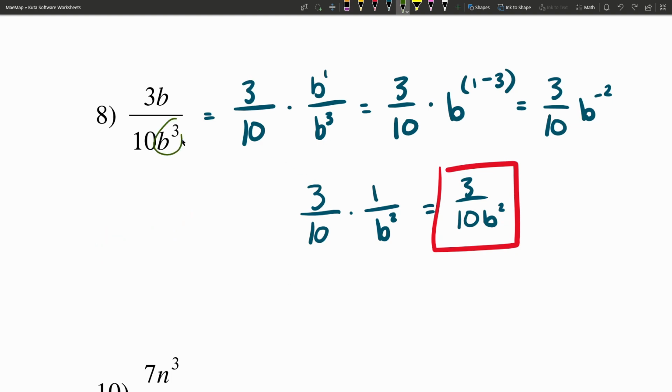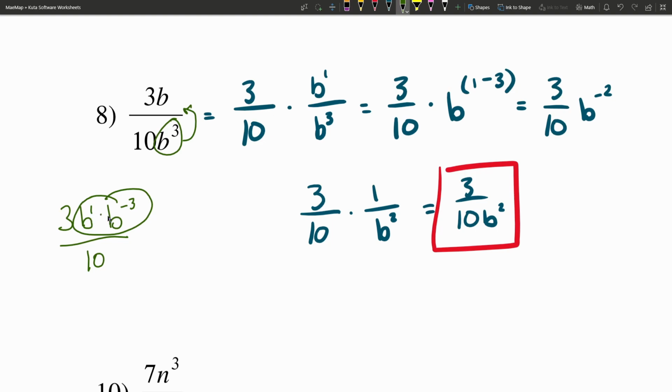And that being said, we could have started by moving this b cubed up into our numerator. We could have rewritten this problem as 3 times b to the negative 3 all over 10. Because remember, like I said, 1 over b cubed is the same as b to the negative 3. And then, look what we have here. Now we're just multiplying, so we add the exponents.